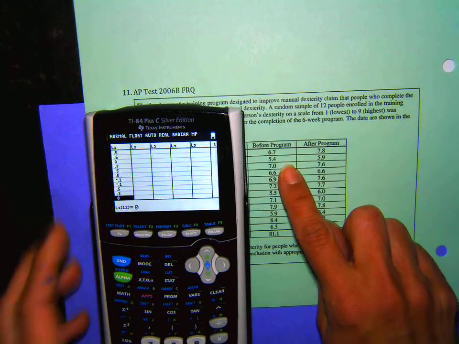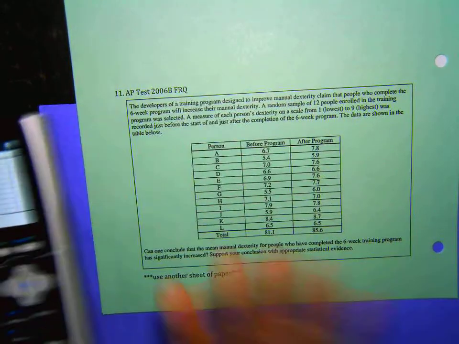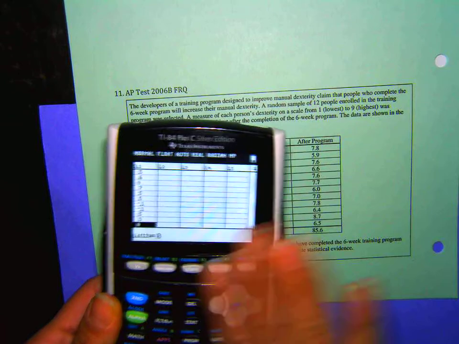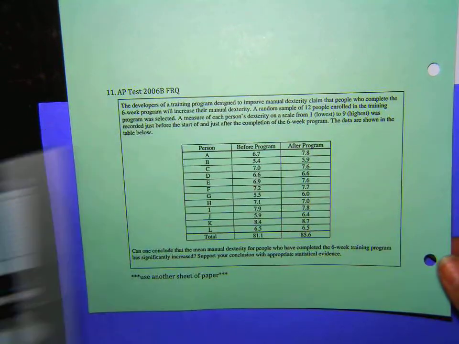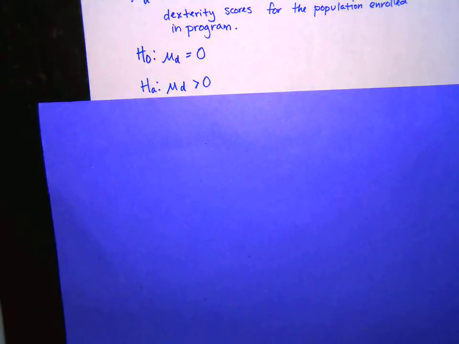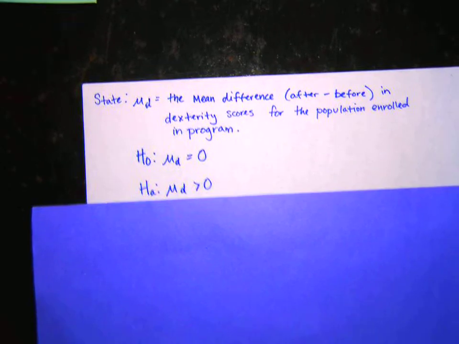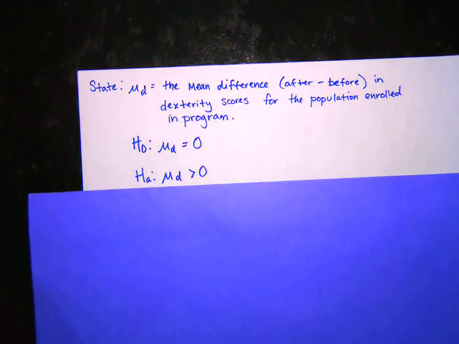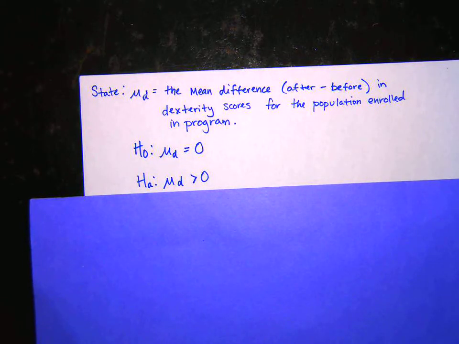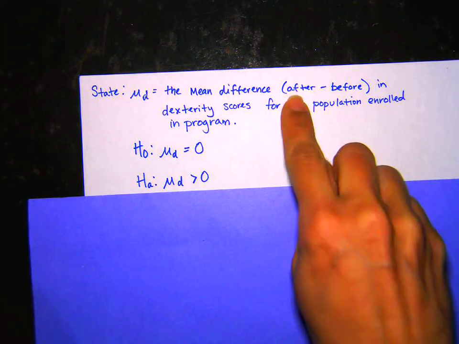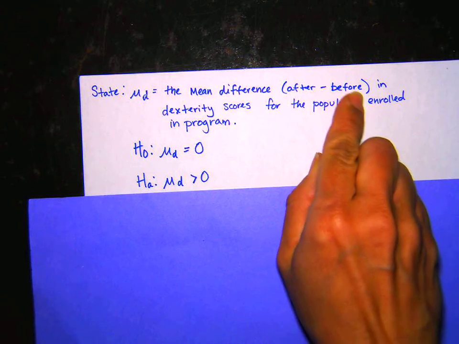If I'm writing a significance test, then the first thing I need to do is state, what am I looking at? What am I examining here? I'm examining the mean difference, the after score minus the before, in dexterity scores for the population enrolled in the program. My null hypothesis, remember, null means no change.